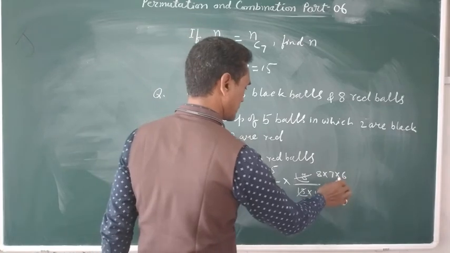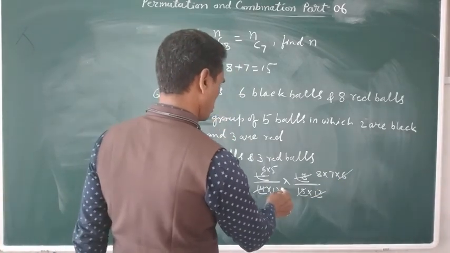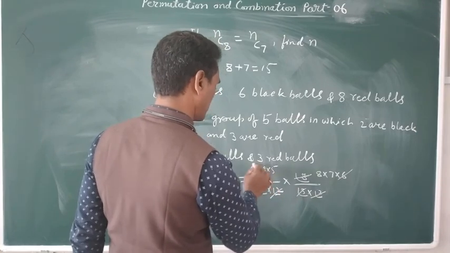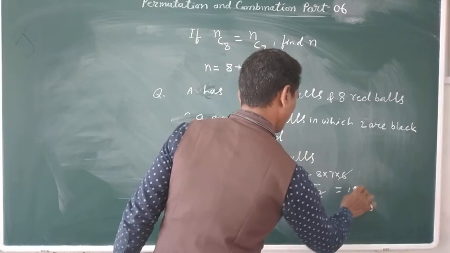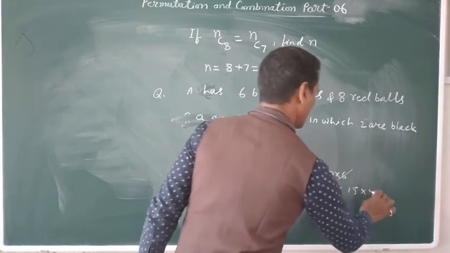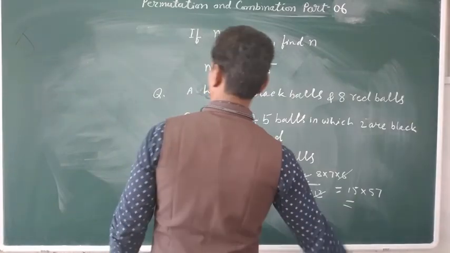So this 6 can be cancelled, and now 2 and 3, so 15 into 56. So this is the answer of this question.